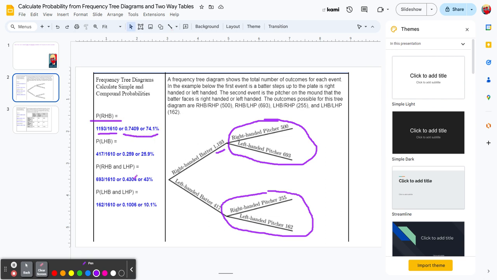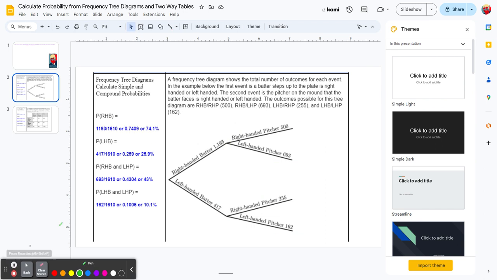Now, the probability that you're a left-hand batter, it's still the first branches. So that's the 417 out of the total, 1,610, which is 0.259 or 25.9%.